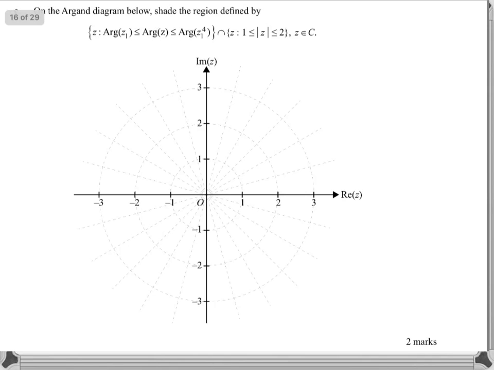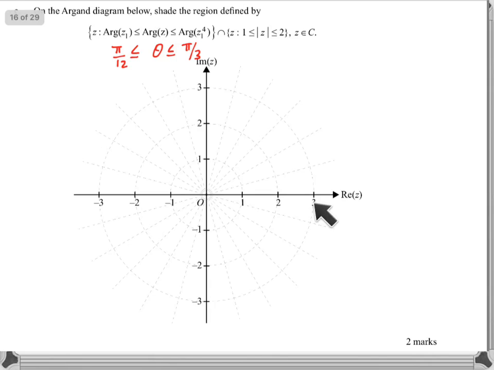So we're after a region of arguments, a domain of arguments between the argument of z1 and the argument of z1 to the power of 4. From the previous questions we worked out what those arguments are. We had pi on 12 for just z1 and pi on 3 for z1 to the power of 4. So that's the first bit.